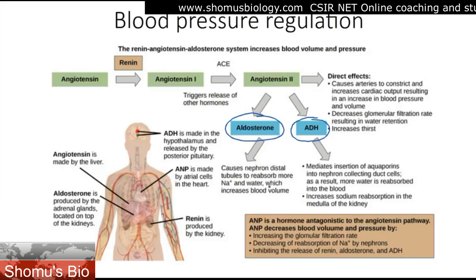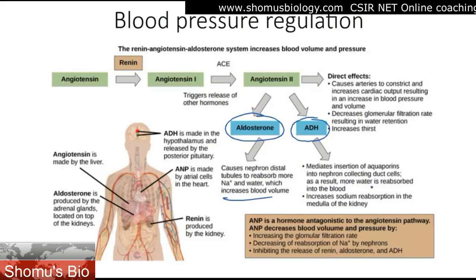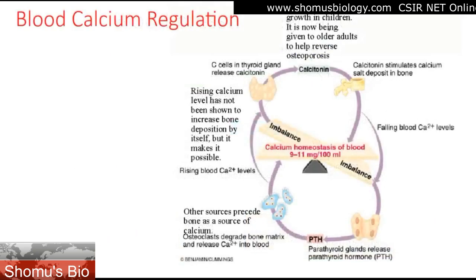Aldosterone causes the nephron distal tubule to reabsorb more sodium and water, increasing the blood volume, while ADH mediates the insertion of aquaporins into nephron collecting duct cells, and as a result more water is reabsorbed into the blood. In both ways it increases the blood volume, which also increases the blood pressure. So this is a very basic way of regulating it.